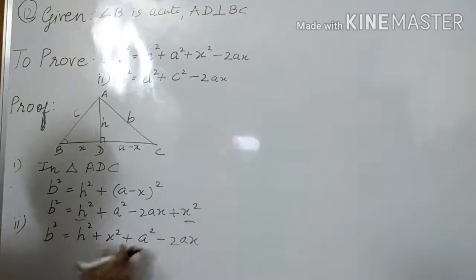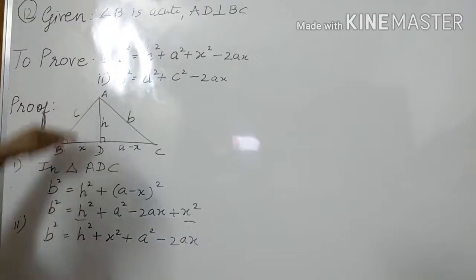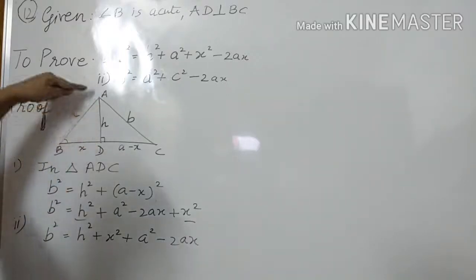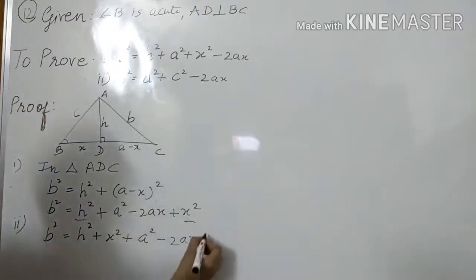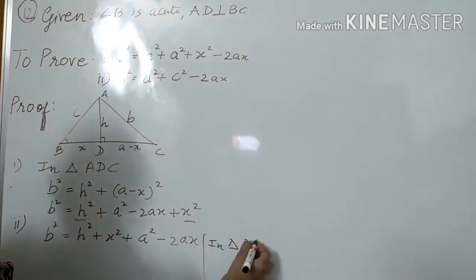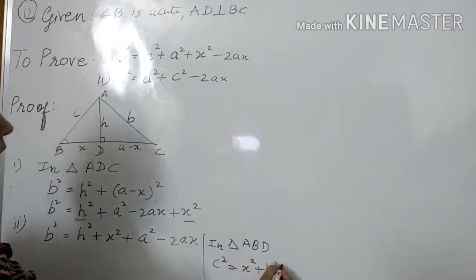Only these two I am taking first, and then other steps. Why do I do so? Because you see in triangle ABD, using Pythagoras theorem I am writing here c square is equal to x square plus h square.